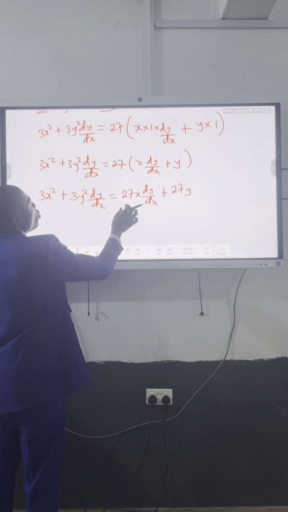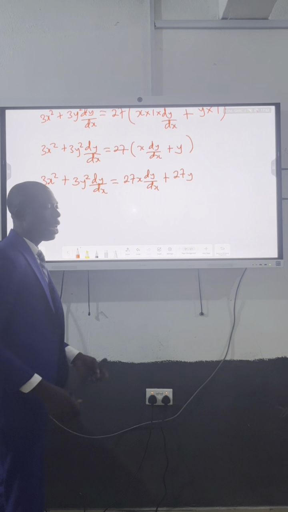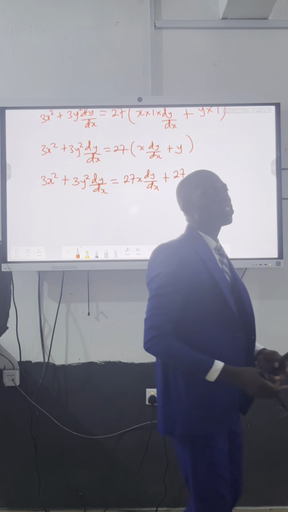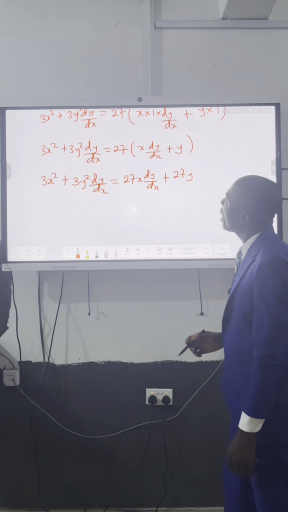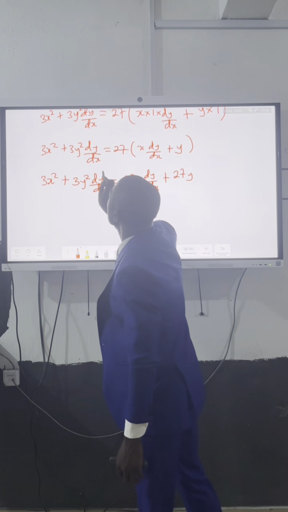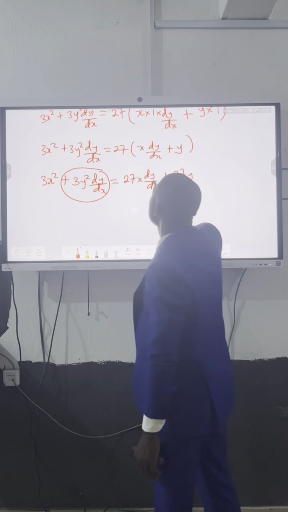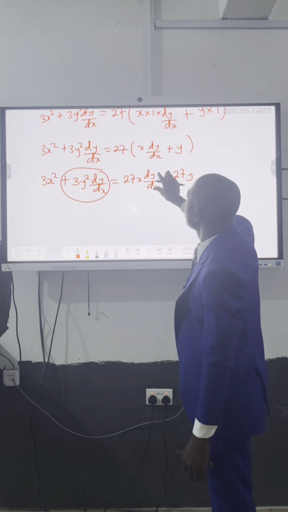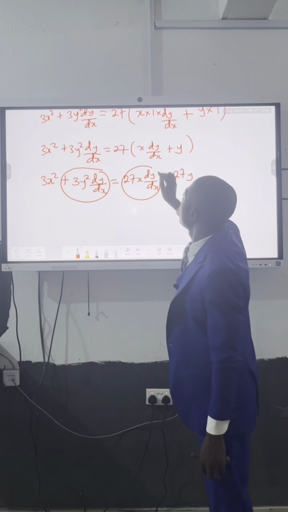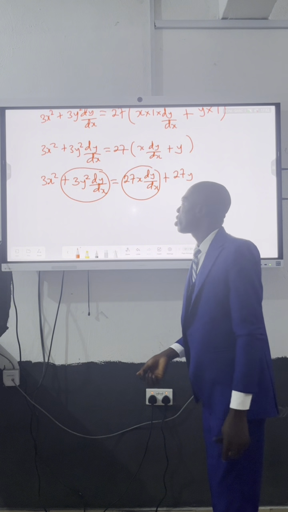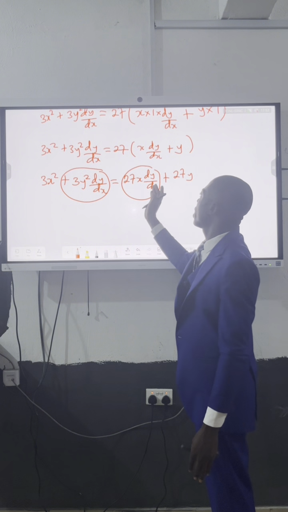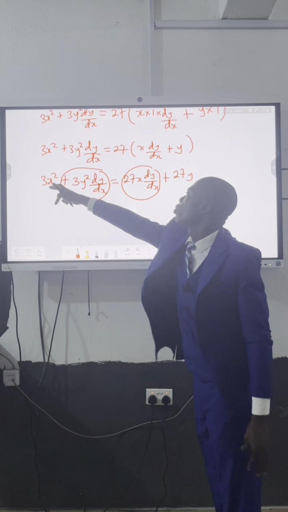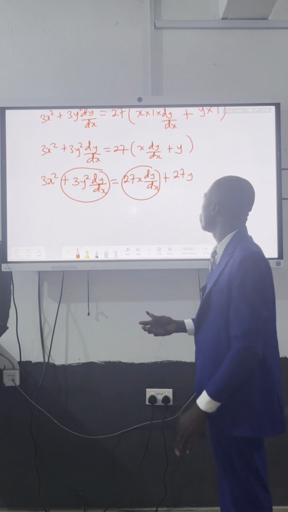Now, the next thing to do is to collect like terms. Those things that have dy/dx, you bring them to one side. Either you bring this one to meet this one here, or you take this one over here, whichever way you want to do it.